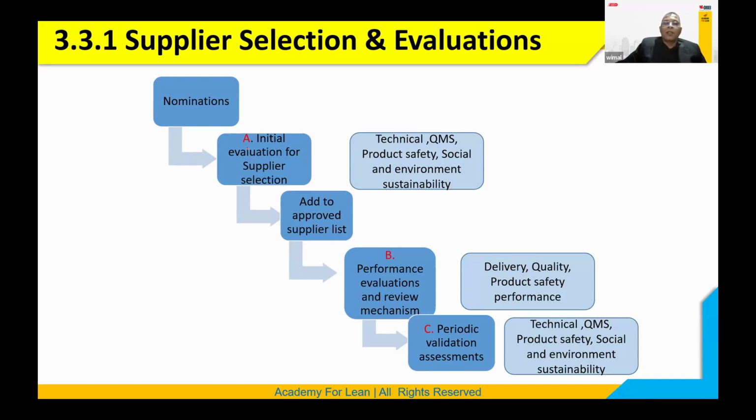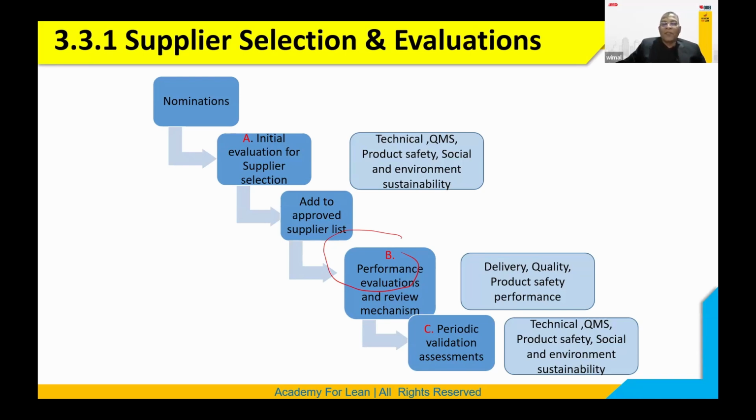Then I think I'm here now. You can see that. Then basically we need to do the performance evaluation, right? Once you select, then they will start delivering. Then you have to monitor the performance evaluation. We will go through it in detail.